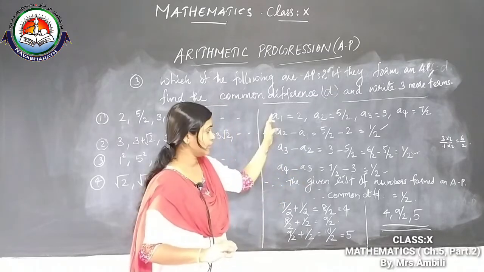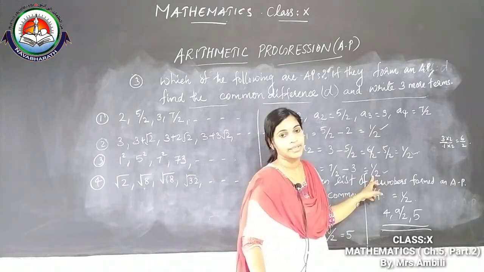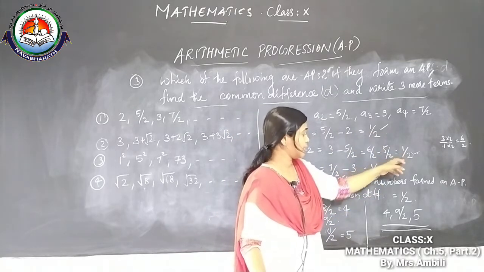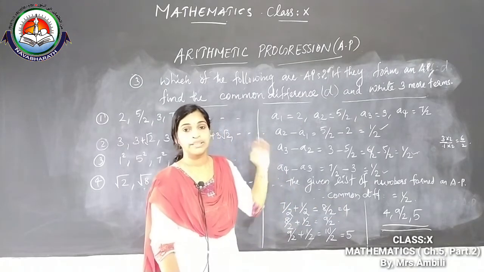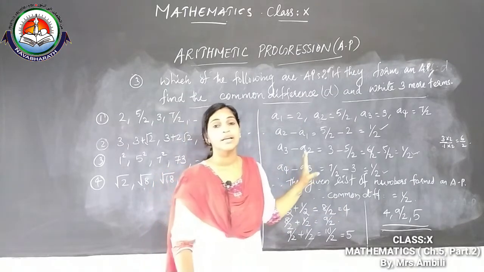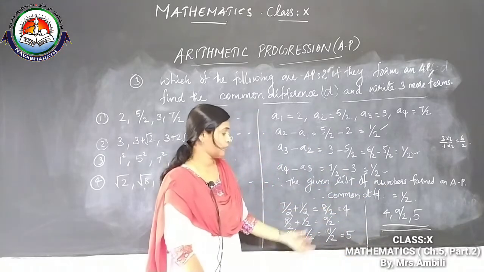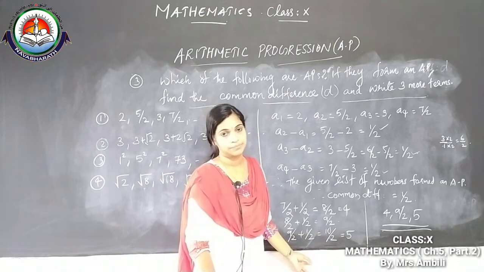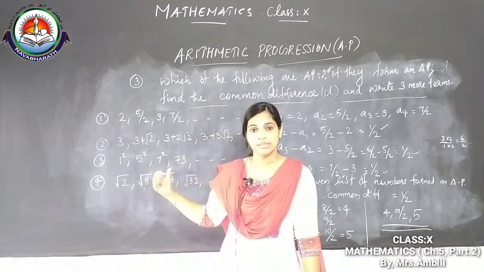This is the common difference we got, 1 by 2. So, the difference between the successive terms we got 1 by 2. Therefore, the given sequence is an AP. After that, you need to find out the next 3 terms. Clear? Okay. Then we can go to the second question.